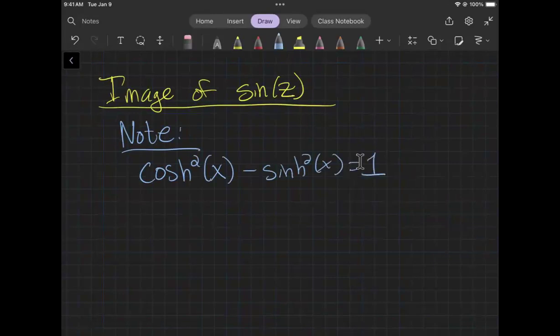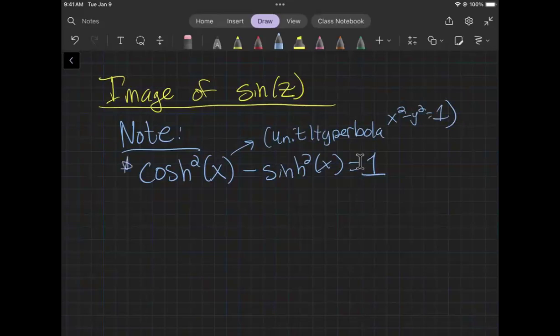This reflects off the unit hyperbola, x squared minus y squared is 1. That's how the hyperbolic functions came about, right? So you're looking at the unit hyperbola this time.